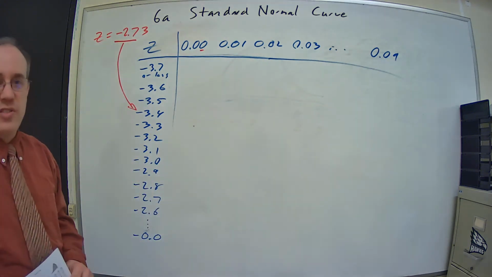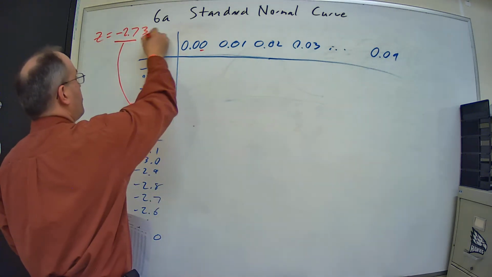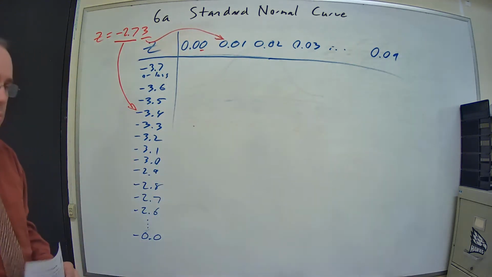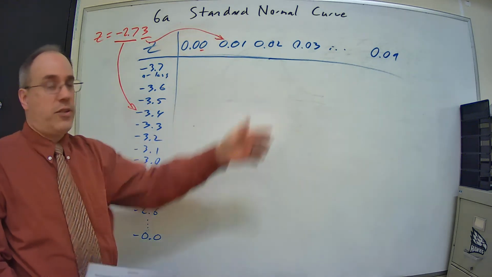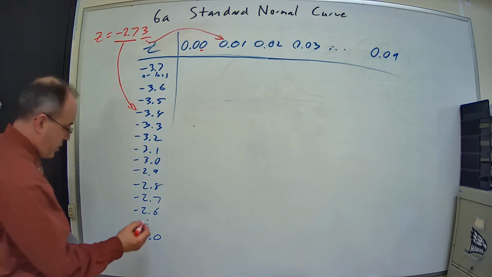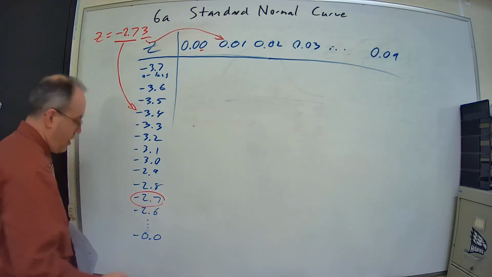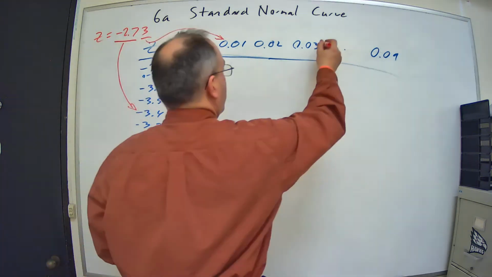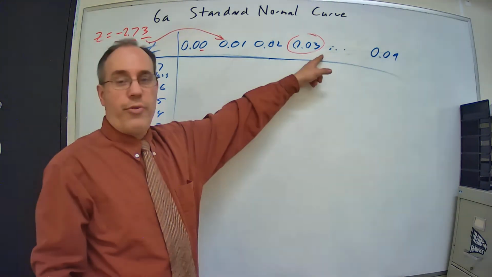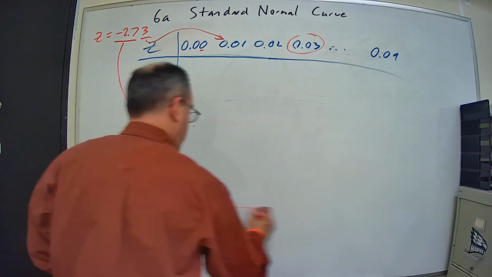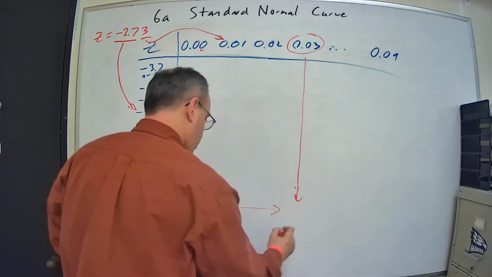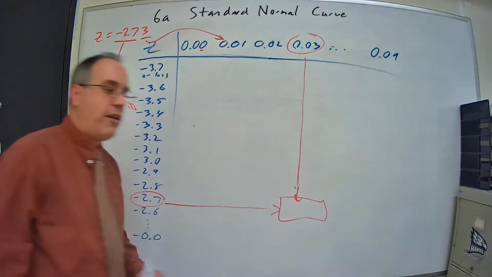The hundredths place is shown there. So this hundredths place is going to end up over there. So if I want to look up negative 2.73, I'm going to look here for negative 2.7, and I'm going to look up here for 0.03, negative 2.73. I can then go across and come down from those, and I'm going to find some value.